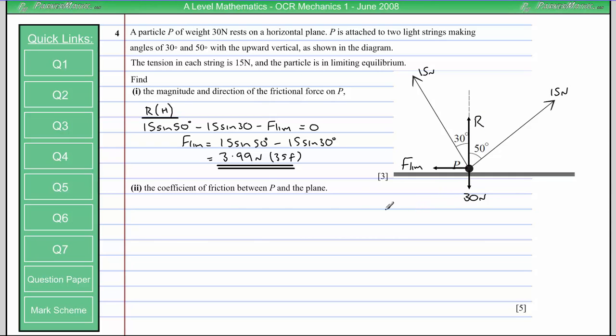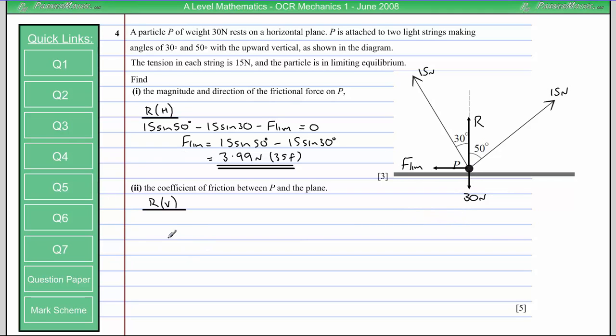So to find this normal contact force, we are going to resolve vertically. So let's think about all the forces that will have a component in the vertical direction. We're going to have a component of this 15 Newton force, a component of the other 15 Newton force. We're going to have R, and we're going to have 30 newtons in the other direction.